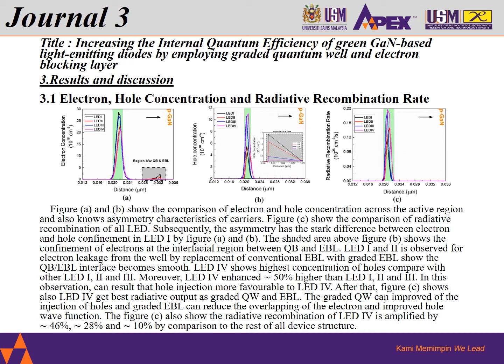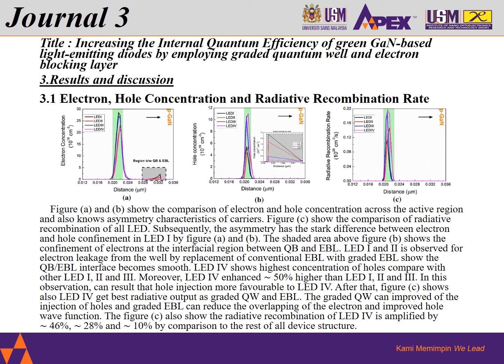The graded quantum well can improve the injection of holes, and the graded EBL can reduce the overlapping of the electrons and improve the hole wave function. Figure C also shows the radiative recombination of LED 4 is amplified by 46%, 28%, and 10% in comparison to the rest of the device structures.